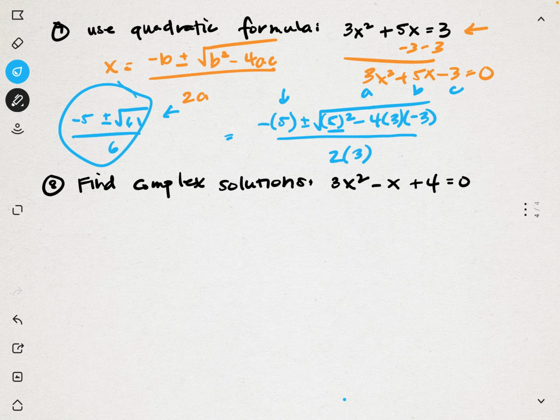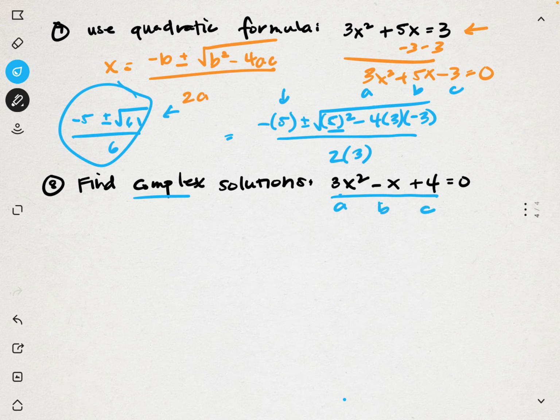Okay, and then number 8 pretty much goes along with this. So we can't factor, well, no, we can't factor this, right? So it's asking us to find complex solutions. Remember, complex solutions are imaginary, so we're expecting to end up with some negative inside of our square root. So let's do our a, b, and c.